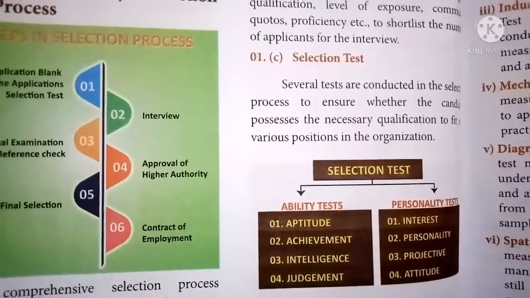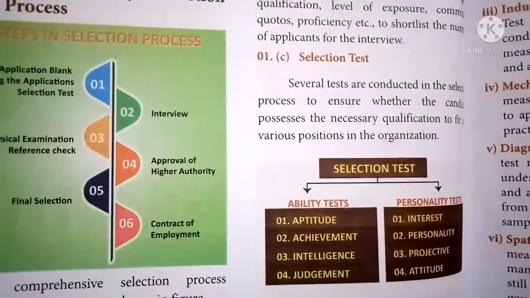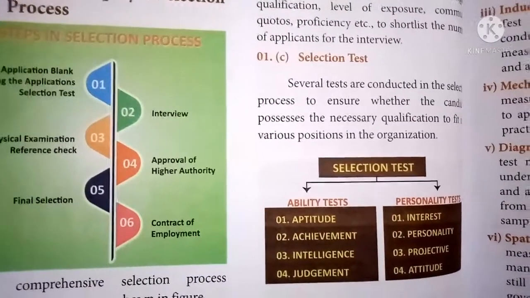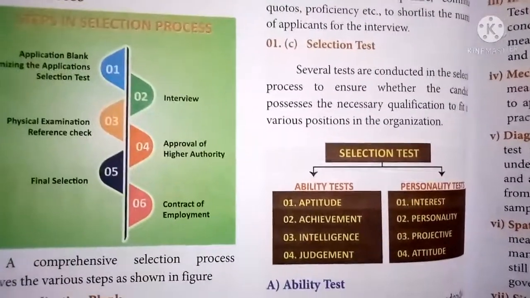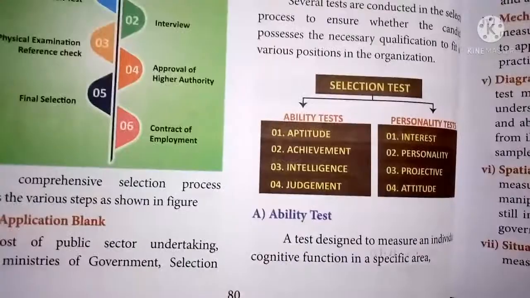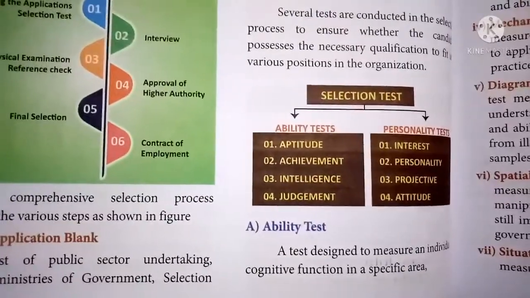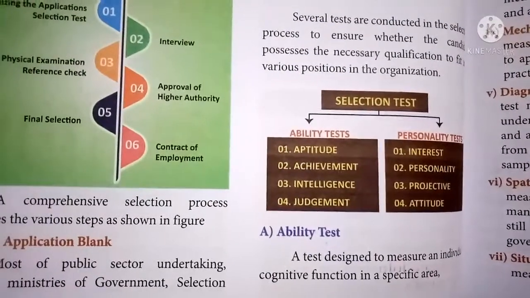There are two types of selection tests: the ability test and the personality test. In the case of the ability test, various tests are to be conducted. The ability test is designed to measure an individual's cognitive function in a specific area.